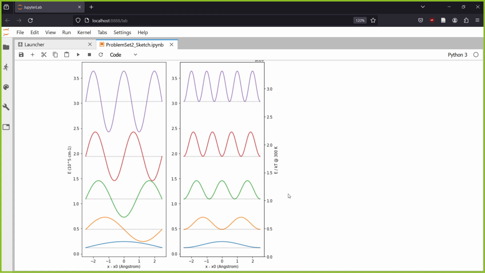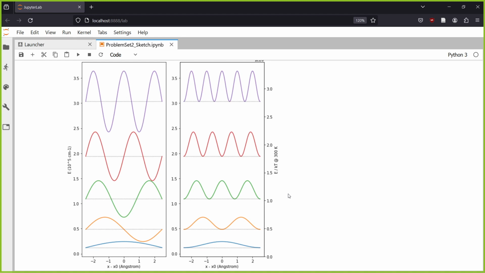Let's go to the next one. How does this change as a function of n? Let's go to the next energy level. How does the average position change? Well, let's cut these functions in half. If you notice, the function on the left side of the box is the same as the right side of the box.